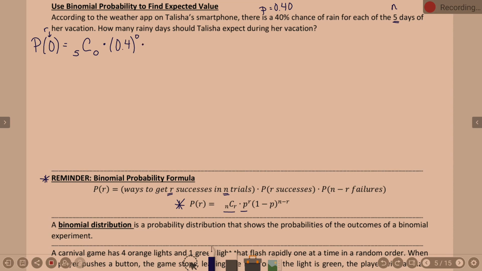Times, right here, 1 minus P raised to the N minus R. So 1 minus P is going to be 1 minus 0.4 raised to the N minus R. Subtract those two numbers. 5 minus 0. Okay, guys, I strongly encourage everyone, grab your calculator. Let's practice. Make sure we know what we're doing here.